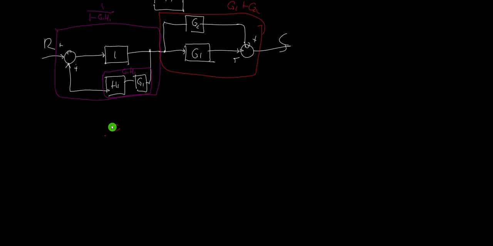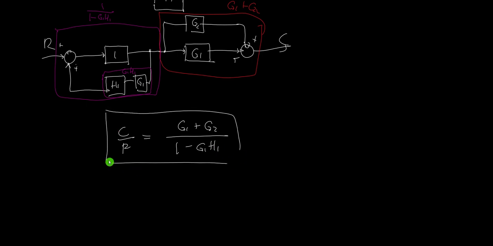So our C over R will be equal to the product of the two: G1 plus G2 all over 1 minus G1 times H1. So this is our transfer function.